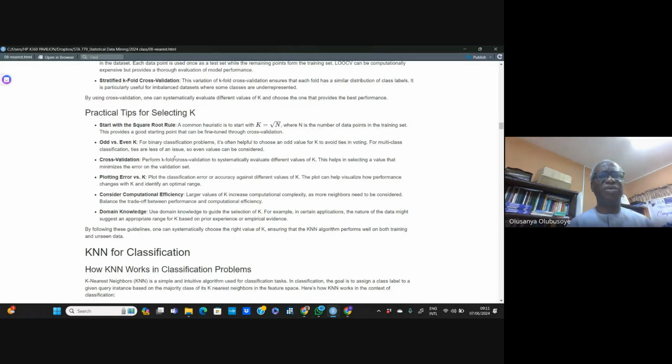Some people also consider odd versus even. If you are dealing with binary classification problems, for instance, where you want to classify only two groups, maybe default or will not default, that's binary classification.